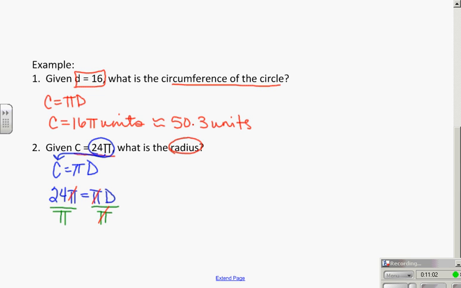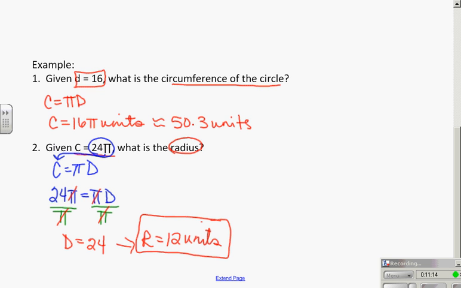Now I have an equation that only has one variable. I'm going to divide both sides by pi to get d by itself. Pi divided by pi cancels. My diameter is 24, which means my radius is 12 units.